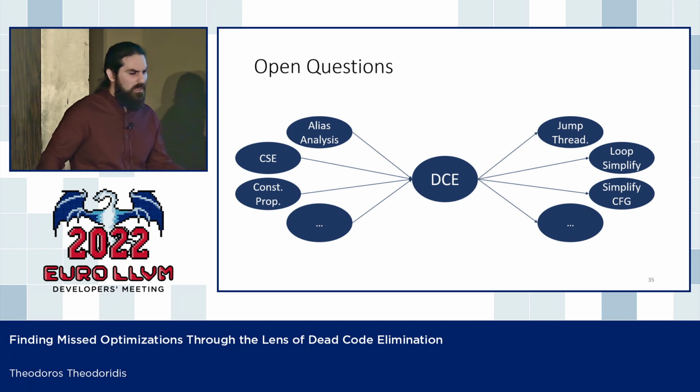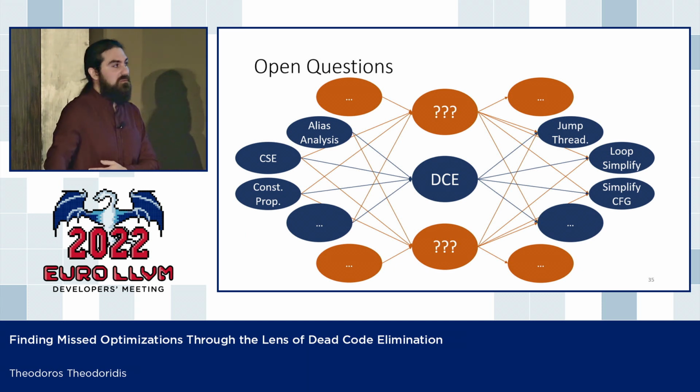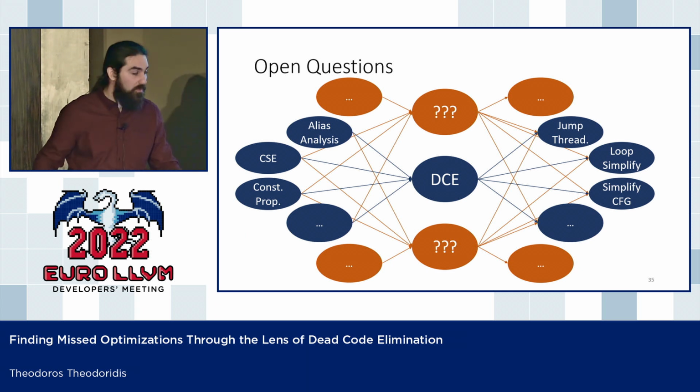So the question is, what are these other components that we can use, and potentially cover a larger surface area of a compiler by using these? Maybe this could be some sort of analysis. I could imagine, for example, that we check the value range analysis outputs of a compiler.